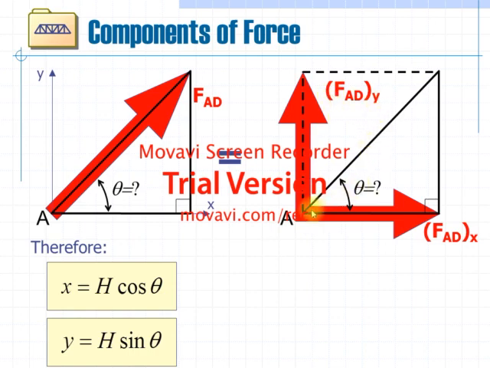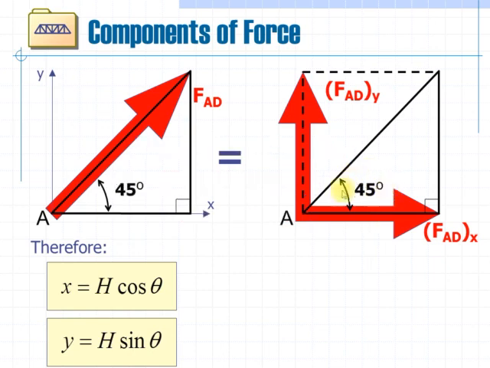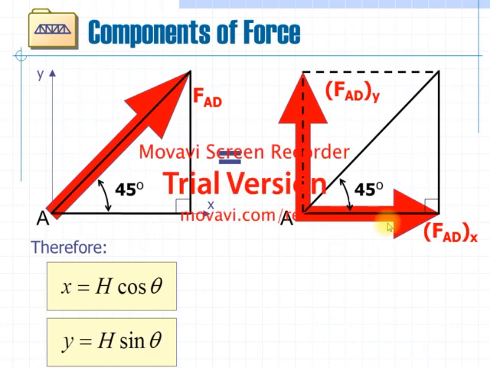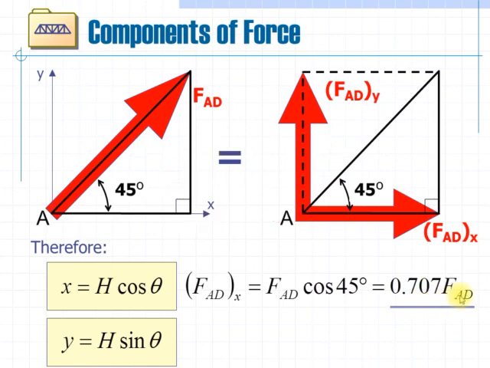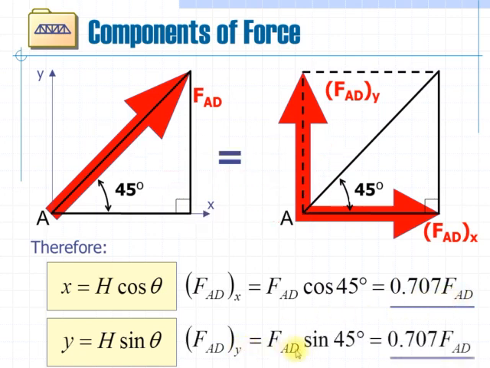The two components are resolved by using the angle theta. The angle is 45 degrees by using Pythagoras theorem. To calculate the force in x direction, x is equal to h cos theta. Therefore, FAD x is equal to 0.707 FAD and FAD y is equal to 0.707 FAD.